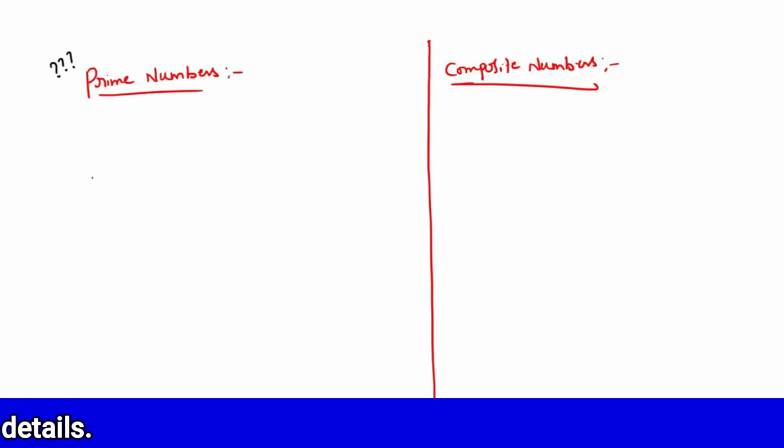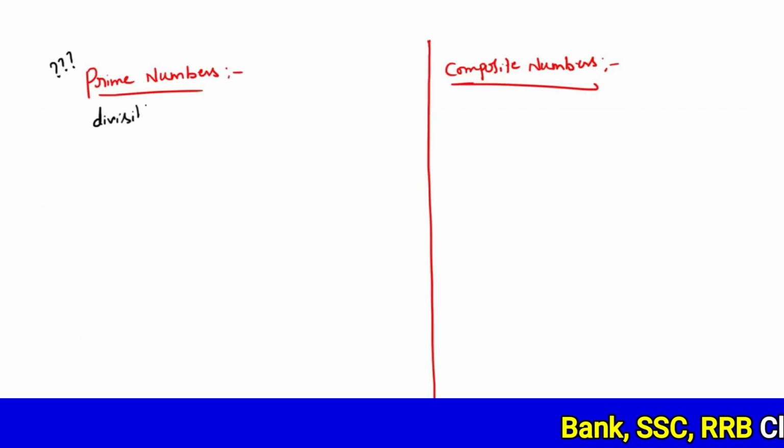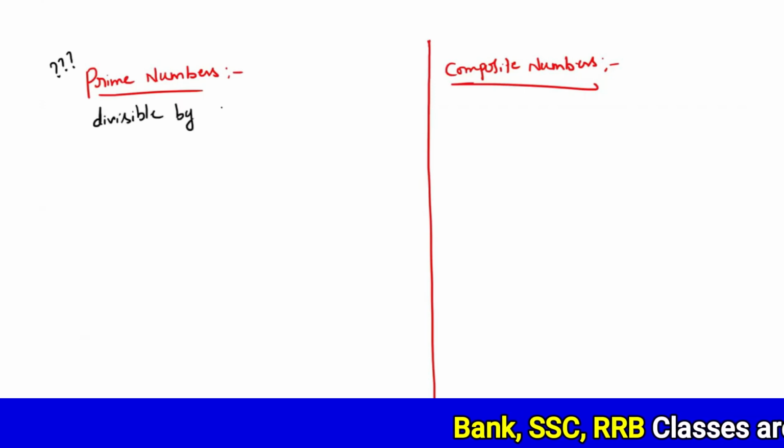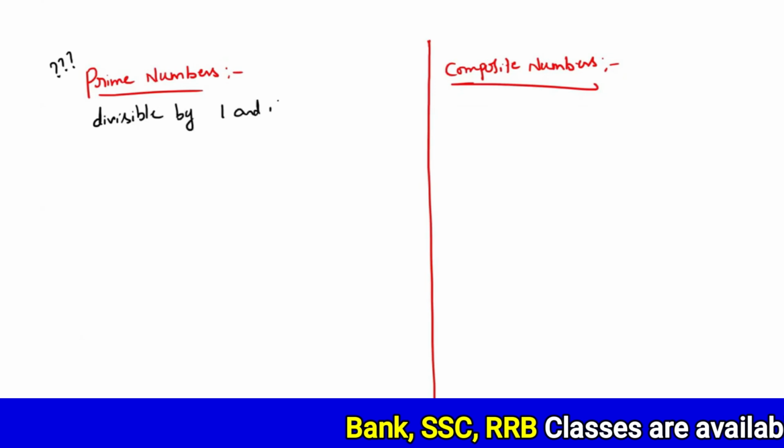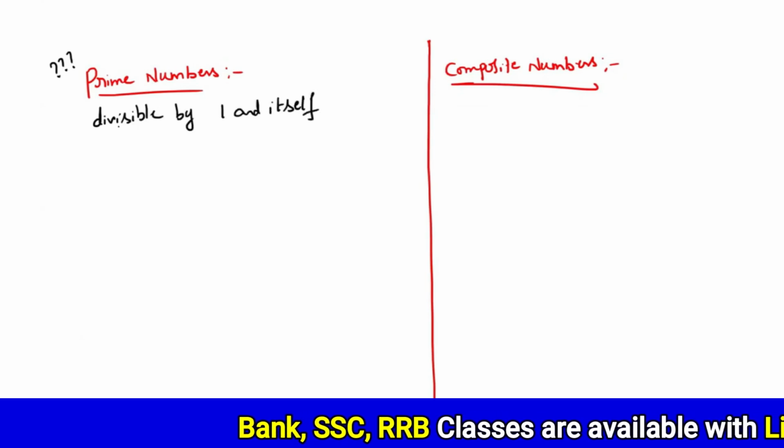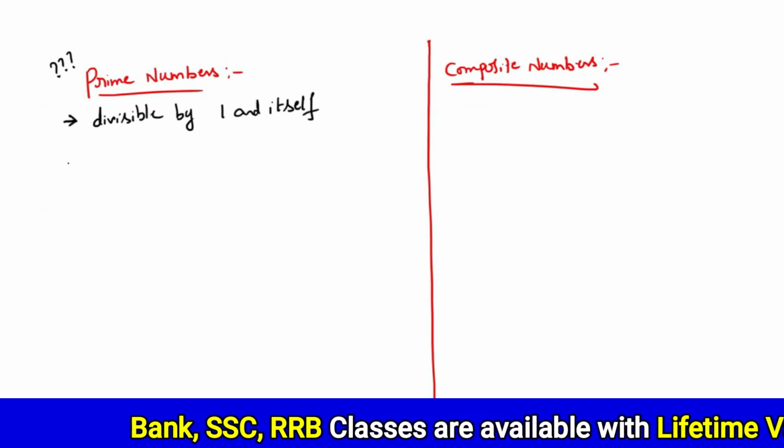Divisible by 1 and itself, sir. Okay, a number which is divisible by 1 and itself. Or else any other definition from anyone?